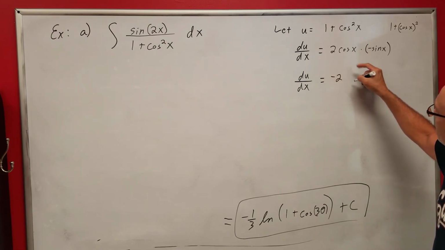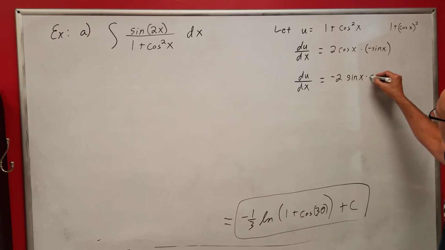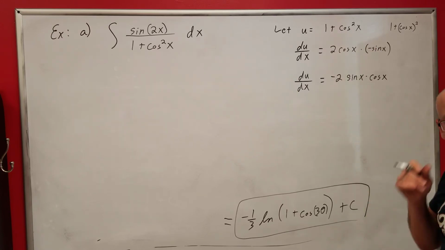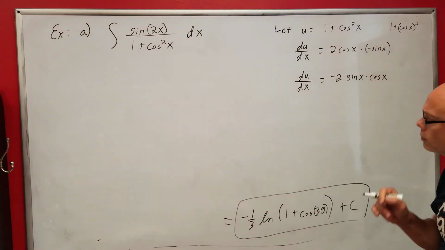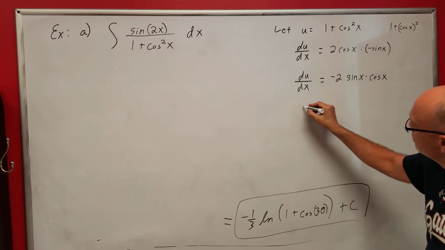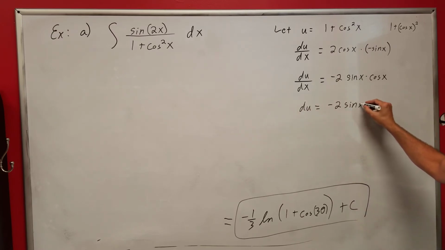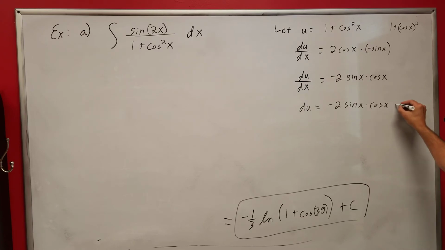And I could call this cosine times sine, or I could call it sine of x times cosine of x, right? And let's multiply both sides by dx. So du is equal to -2 sine of x times cosine of x dx.